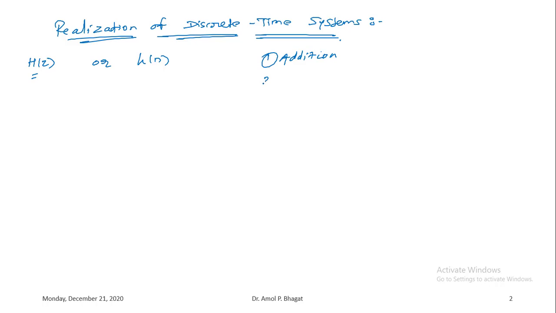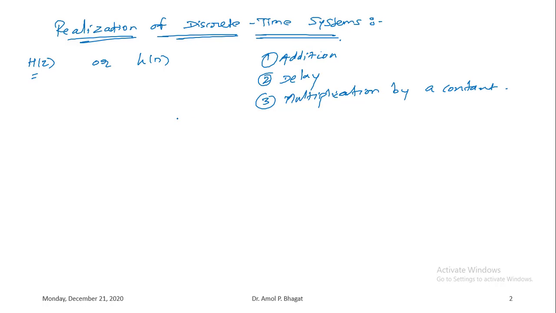First one is the addition, second one is the delay, and third one is the multiplication by a constant, right? Only these three basic operations are involved in any difference equation, right? So in order to implement the specified difference equation of the system, these are the three required basic operations, right?